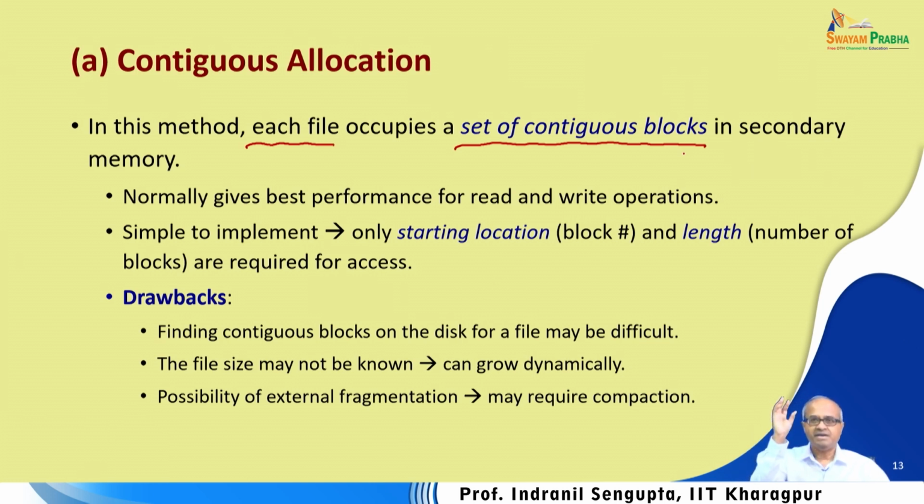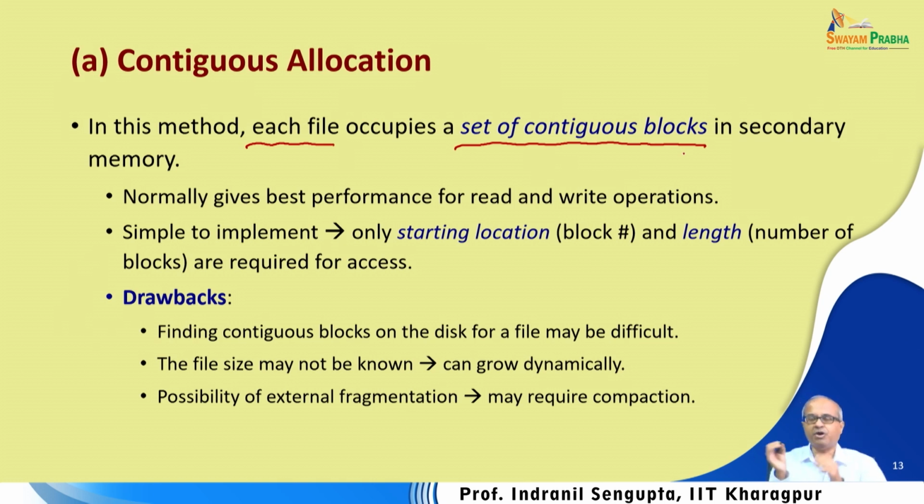Each block on the disk is given a number 0, 1, 2, 3, 4, depending on sector wise, track wise, surface wise, some ordering will be there, but the blocks will be given some number, logical block number. So, when I allocate space for a file, I must allocate contiguous block numbers. Let us say block number 7 to block number 10, 7, 8, 9, 10, these 4 blocks will be required.